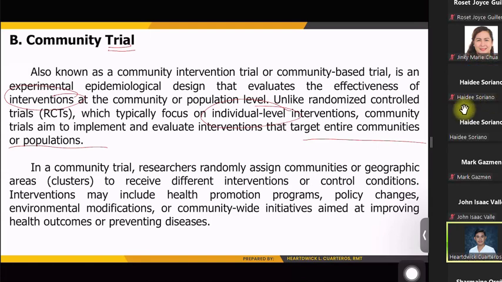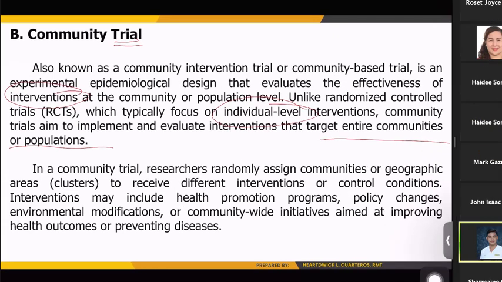So interventions now may include health promotion programs, policy changes, environmental modifications, or community-wide initiatives aimed at improving health outcomes or preventing diseases.